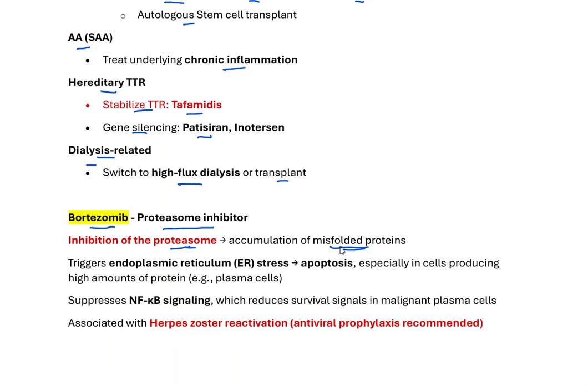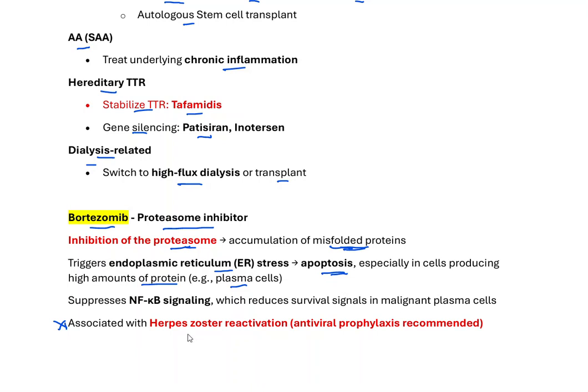Because of this accumulation of misfolded protein, this is going to trigger apoptosis by activating the intrinsic pathway. This triggers endoplasmic reticulum stress, and that leads to apoptosis, especially in cells producing a high amount of the protein, for example plasma cells. And there's something that is really important.